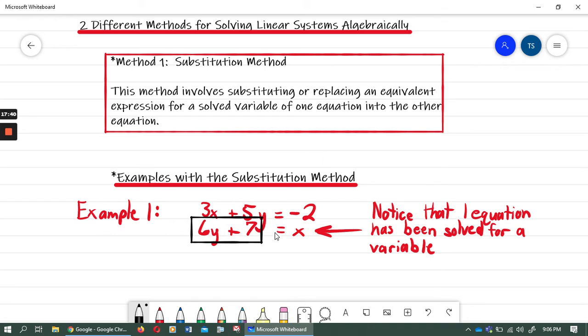So if you've got an equation that's already been set equal to one of the variables, how this says x equals or something equals x, right? In this particular system, this right here is that equivalent expression that I'm talking about. Oops, that's not how you spell equivalent. Let's try that again.